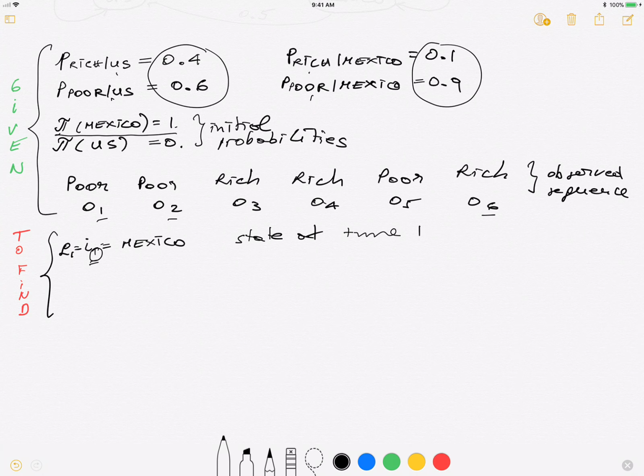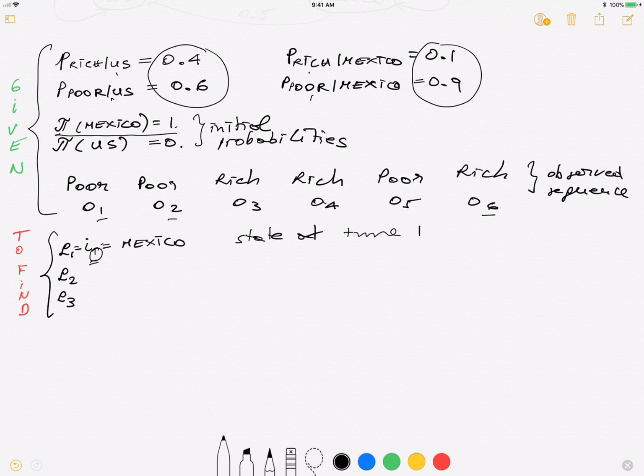Now the family may have stayed in Mexico or may have moved to the United States. We don't know. However, we know that there must be some state Q2 at year 2. So in year 2 the family was either in Mexico or in the United States, but we don't know where.